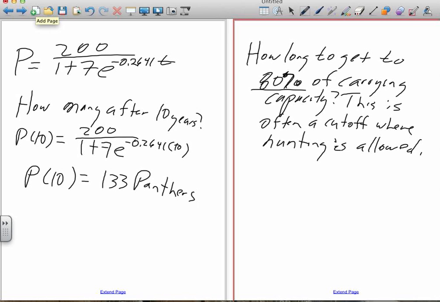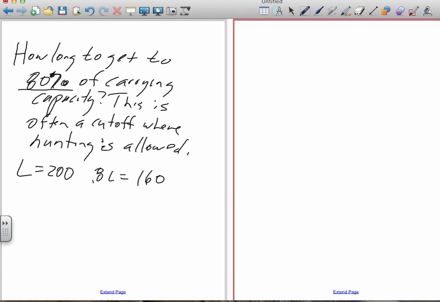Okay, so if you remember, our L was 200, and 80% or 0.8 of L is 160 panthers. So that's our population we're interested in. So 160 will equal 200 over 1 plus 7 e to the negative 0.2641 t.